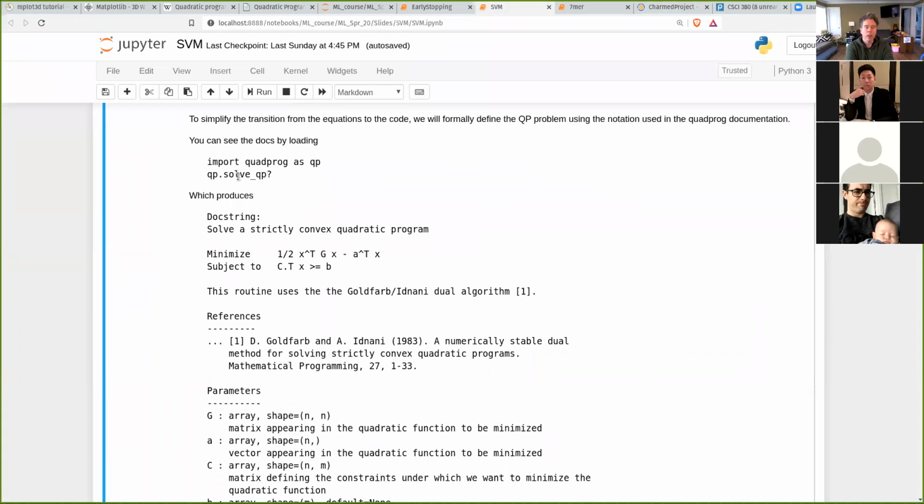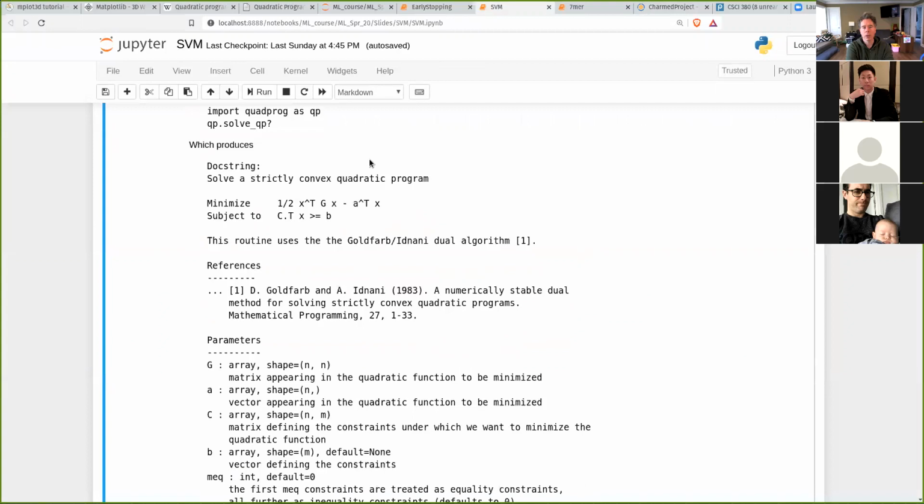If you look at the actual function in the Quadprog library that solves the quadratic programming problem, it is called solve_qp. And just like any Python function, you can get the documentation by putting a question mark after the function and then entering that cell. So that produces this.